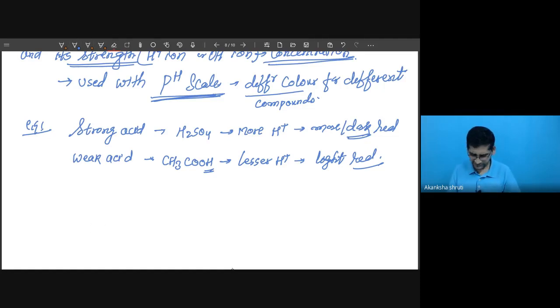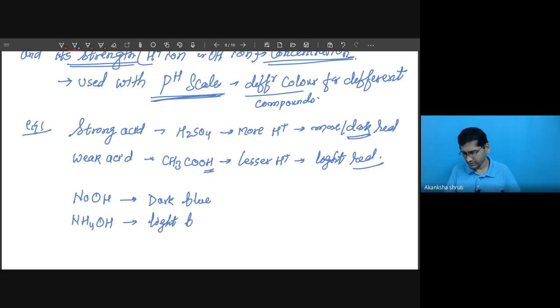NaOH can give you dark blue. This we will see in our pH scale also. But if we have NH4OH, then it will give you light blue. This way, strength is also indicated by these universal indicators.